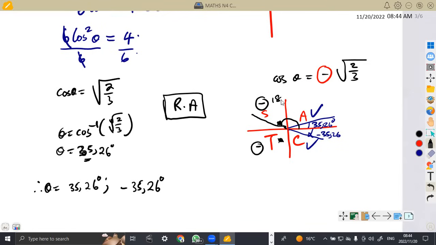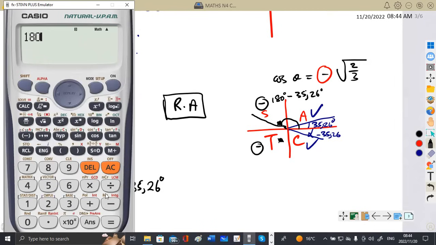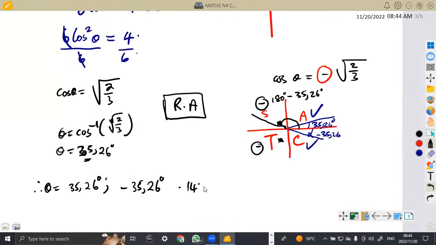So this here was going to be 180 minus the reference angle of 35.26 degrees, which was going to give us something like 144.74. So we have got 144.74 degrees.